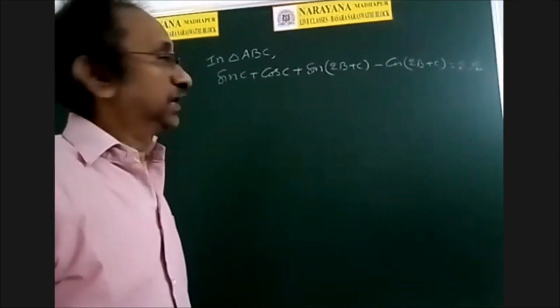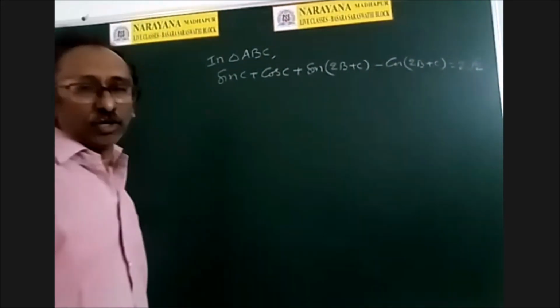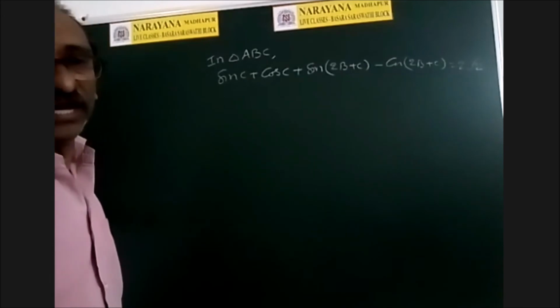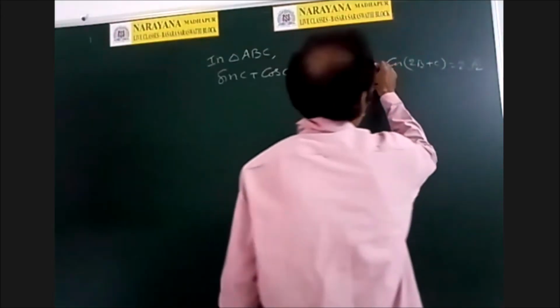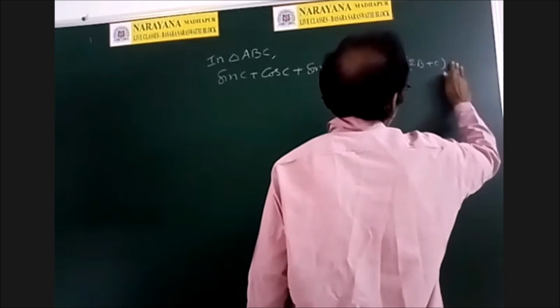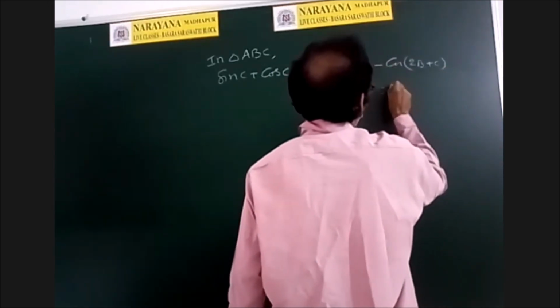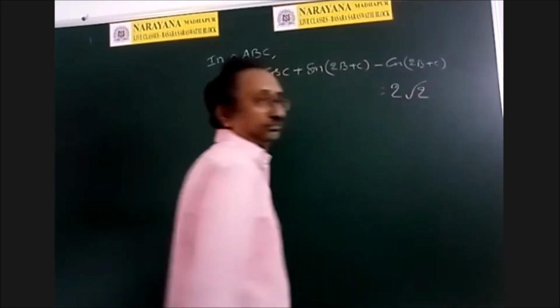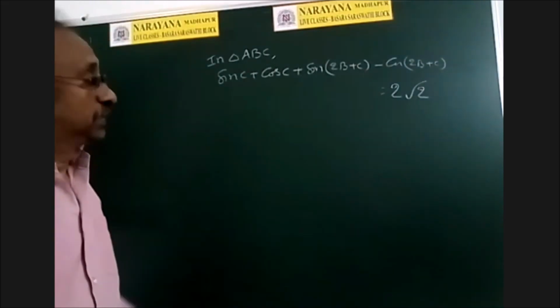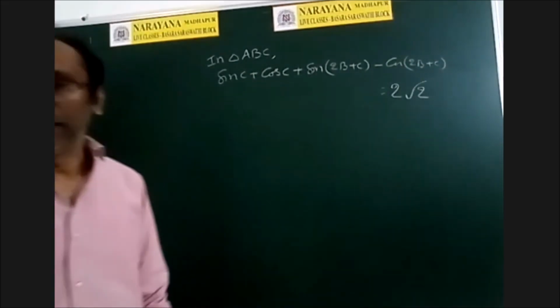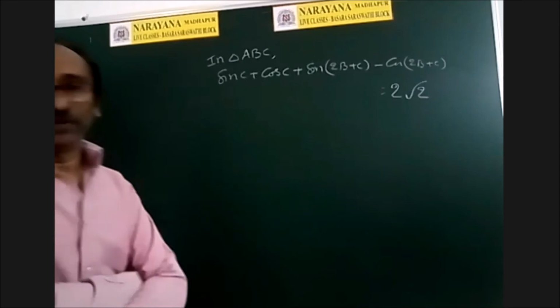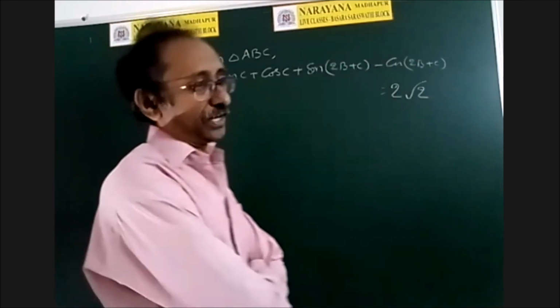So what is the equation? Sin C plus cos C plus sin (2B plus C) minus cos (2B plus C) is equal to 2 root 2. So the question is, what is the triangle? So I'll give you 1 minute time. Now you try.